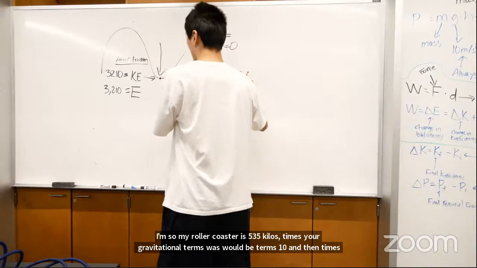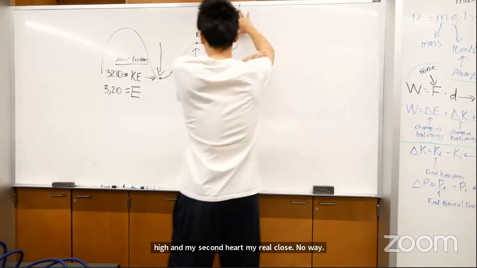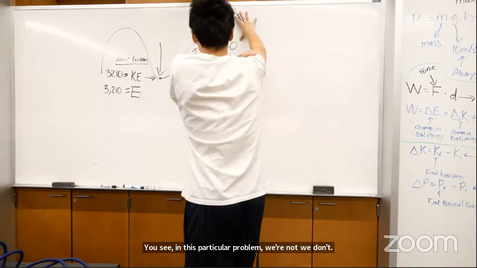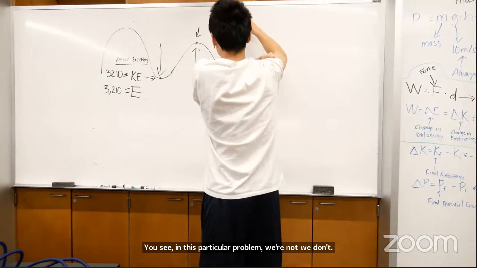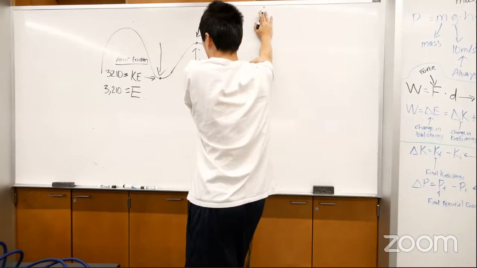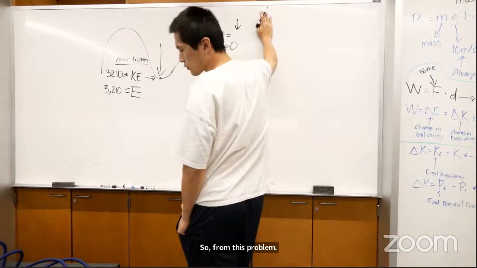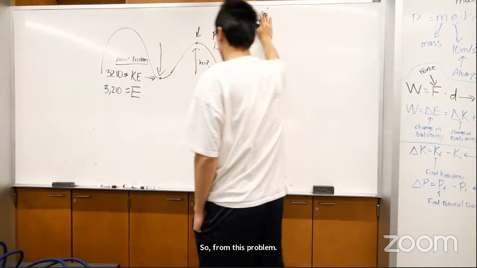From this problem, we know that at this particular point our kinetic energy is 0 if we want our roller coaster to go up the highest possible. What I want you to figure out is how much potential energy we have at this particular location after the roller coaster started from here and went up to here. You don't need to calculate anything for this. You should be able to just figure it out.